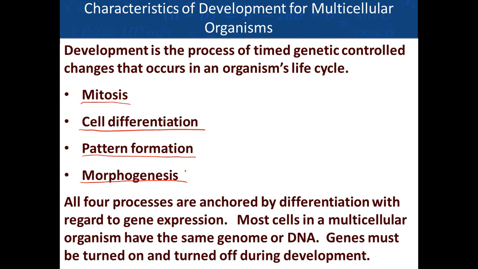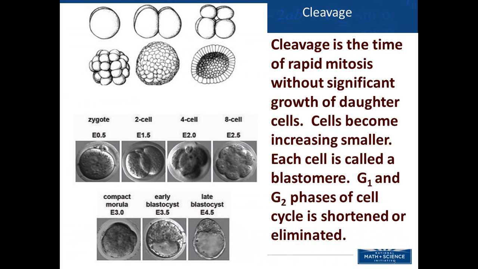So mitosis is going to result in an increased number of cells. Usually in the beginning, we're going to have a process called cleavage. And cleavage is a time of rapid mitosis without significant growth of the daughter cells. The cells become increasingly smaller as they divide, and each one of those cells is called a blastomere.